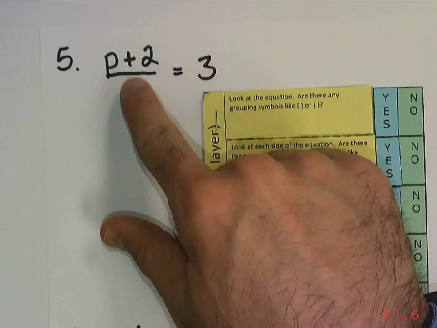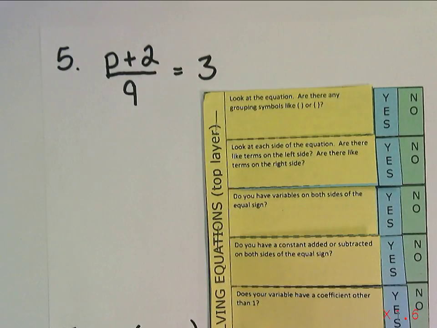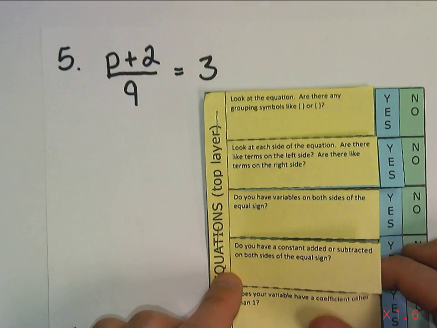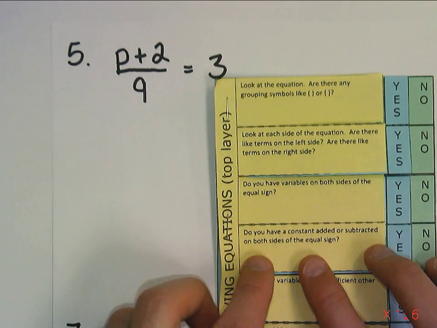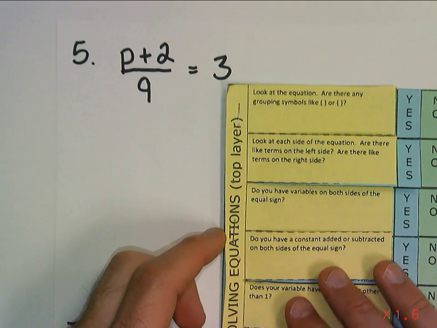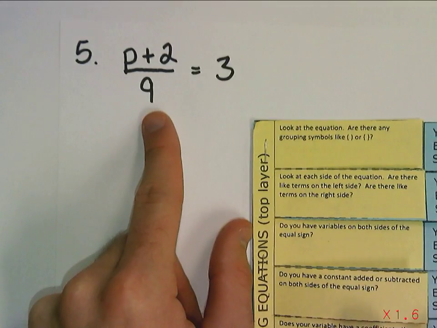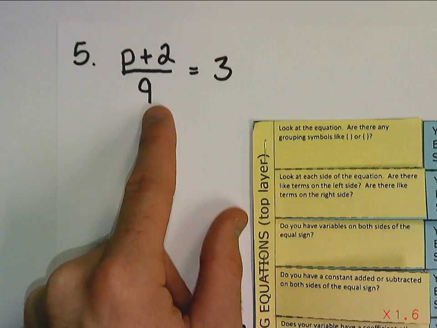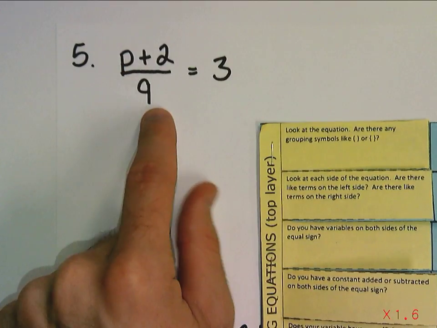Well, we can't undo this addition yet, because we need to get rid of this 9. We need to get rid of this 9 first. And this 9 is currently divided. Okay? So sometimes we don't follow this rule completely, but in order to get this variable alone, we have to do something with this 9 first.